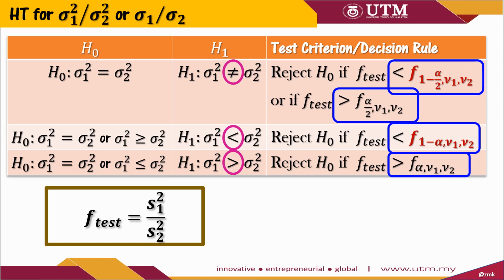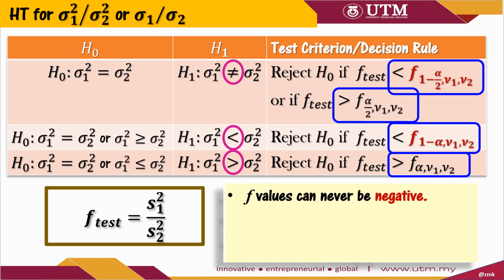3 points to note. First, the critical values can never be negative, even for the left-sided critical values, since F values are always non-negative. Second, the degrees of freedom nu1 is n1 minus 1 and nu2 is n2 minus 1.